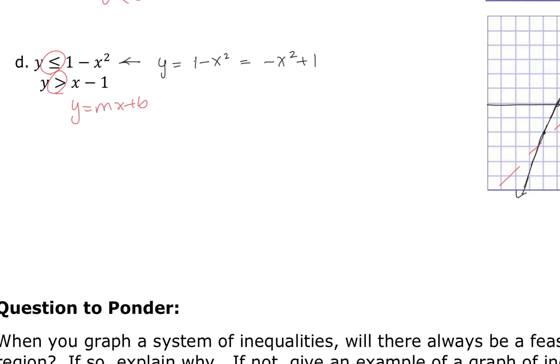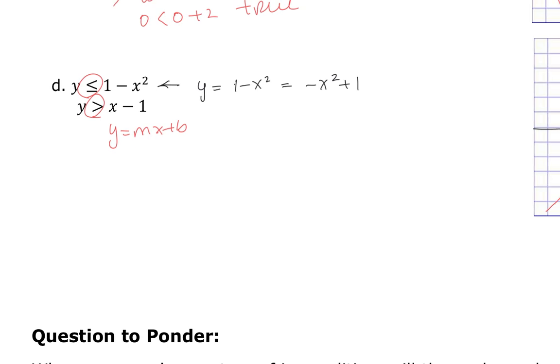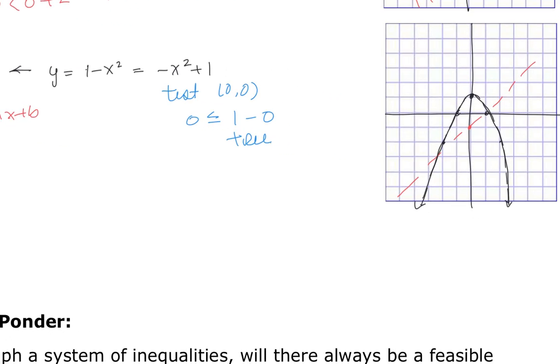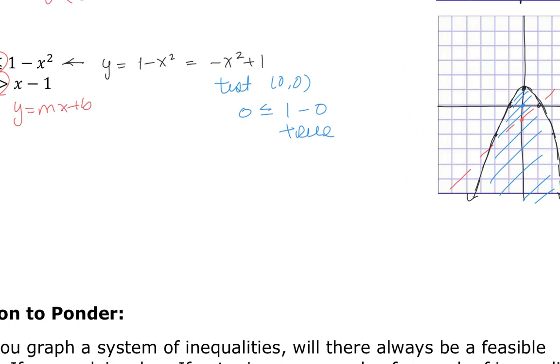And for both of these, I'm going to test (0, 0). So this first one, I'm going to test (0, 0). And is 0 greater than or equal to 1 minus 0? This is true. Here's my test point. I'm going to shade toward my test point, so I'm shading inside of my parabola.